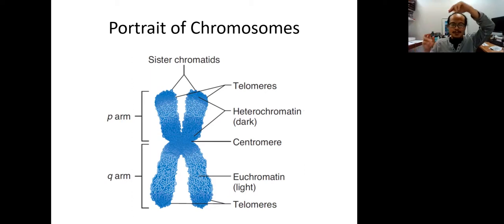So every time a cell divides, the telomere will be shortened and shortened. And you would worry that if that contained important code, then you would lose that information. So in order to prevent that, what nature does is put a lot of repeats at the end. So even though it gets shorter and shorter, it doesn't really matter, because that's code we don't really care about. Something like that. It's just a hypothesis.